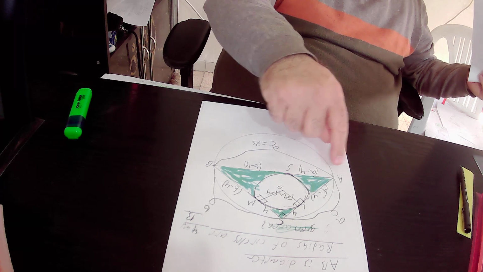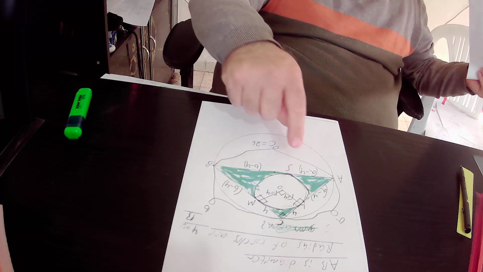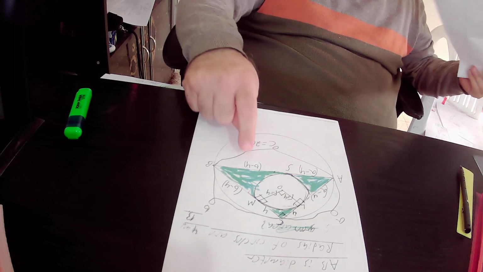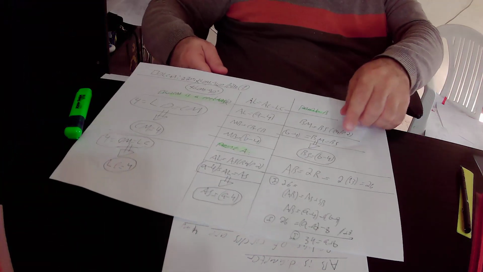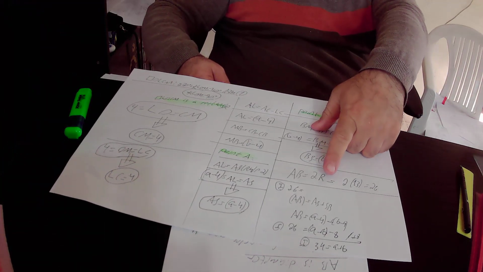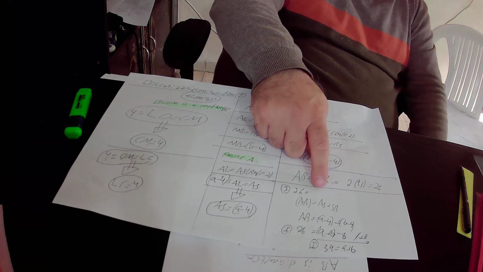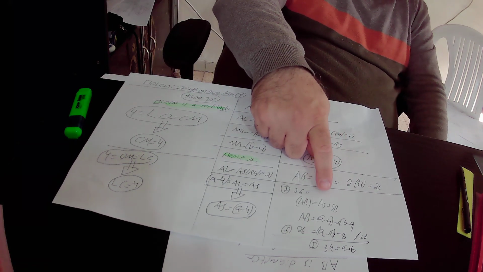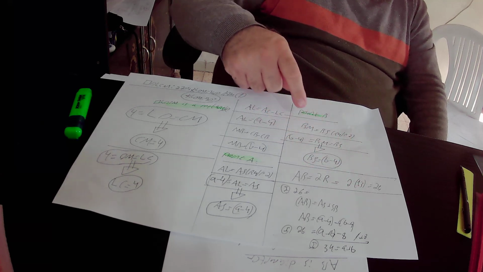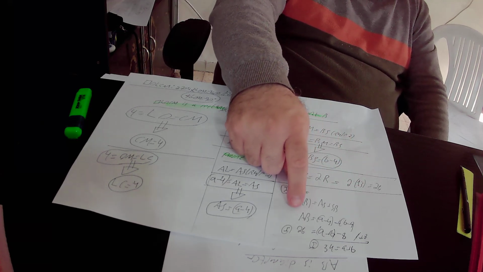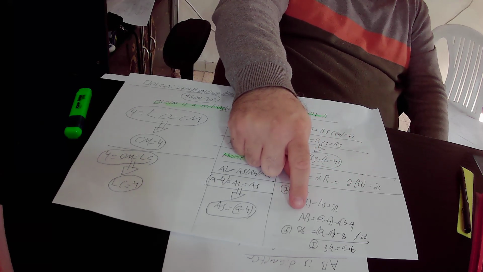That is to say, AB equals AS, that is A minus 4, plus SB, that is B minus 4. So AB, that is 26, equals A minus 4 plus B minus 4.